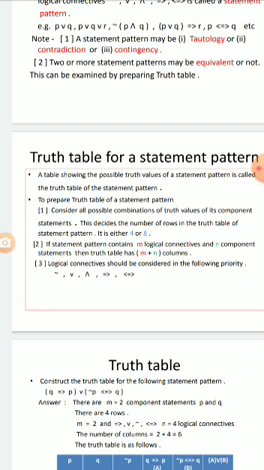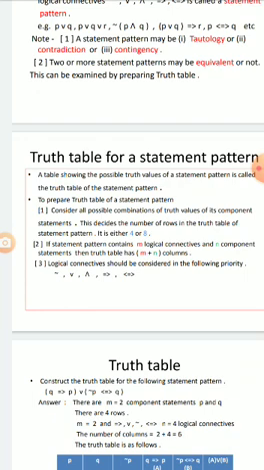Now to find the number of rows, we consider all possible combinations of truth values of its component statements. There could be either two component statements or three component statements in our course. If there are two component statements, then the different possibilities for truth values, as we already know, are TT, TF, FT or FF.